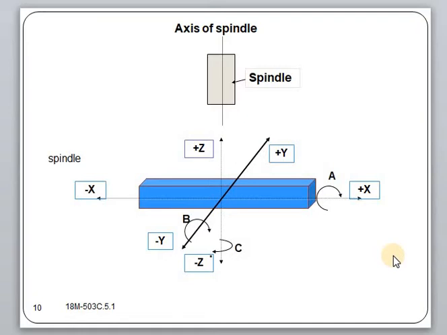Next one, spindle rotation. Counterclockwise spindle rotation is considered positive. It is a rotation that would cause a right-handed screw to recede from the workpiece.